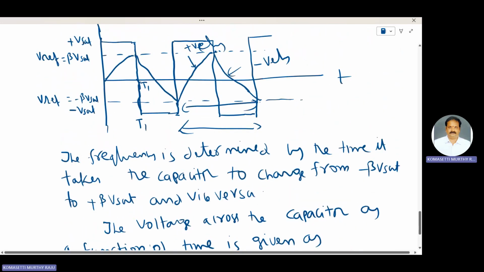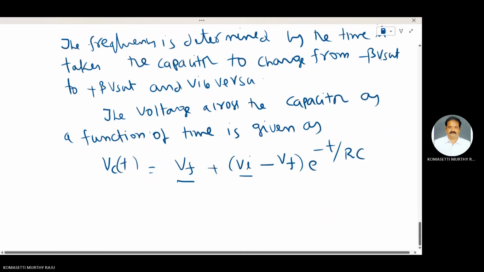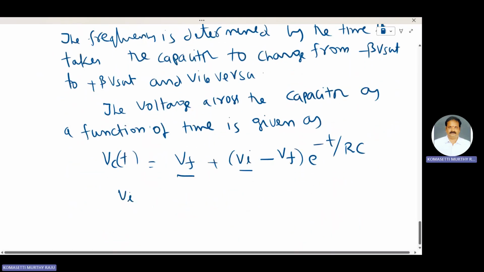Here the steady state voltage is plus V sat, Vf. It finally reaches V sat, but in the middle some reference voltage is there for comparison. Therefore Vf is plus V sat, and Vi, the capacitor's starting voltage, is minus beta V sat.